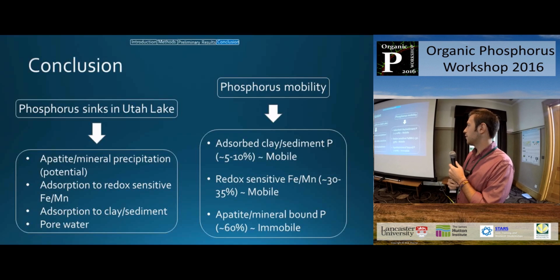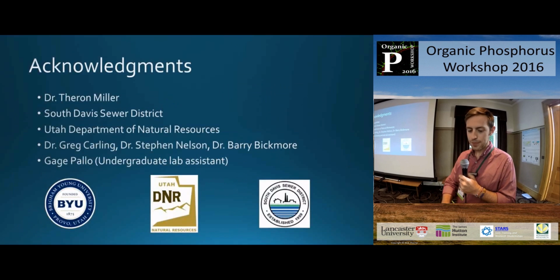I haven't done much yet on the mobility of phosphorus, but I have a lot more samples to come. Roughly 40 to 50% is potentially mobile during windy events, but about 60% is bound to apatite or calcium carbonates, which would make it immobile.